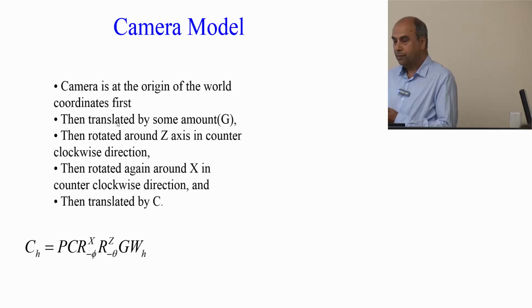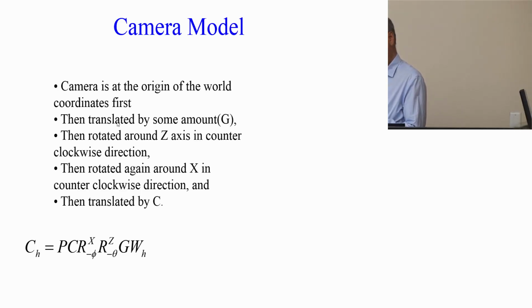And for everything you do, you have a matrix. You have to keep an account of that. So we started with some point. We are looking at the world points, maybe some chair there, for which we have a world homogeneous coordinate. This is the first translation. This is the rotation on the Z-axis, which is this one.